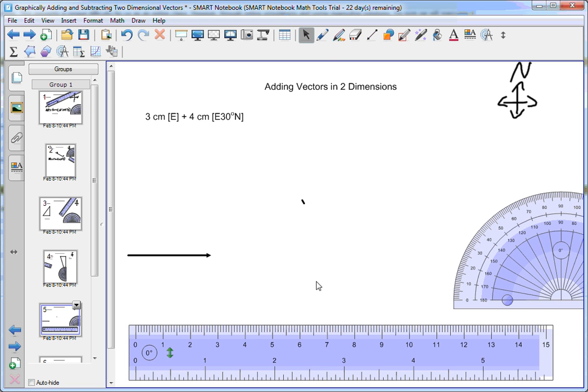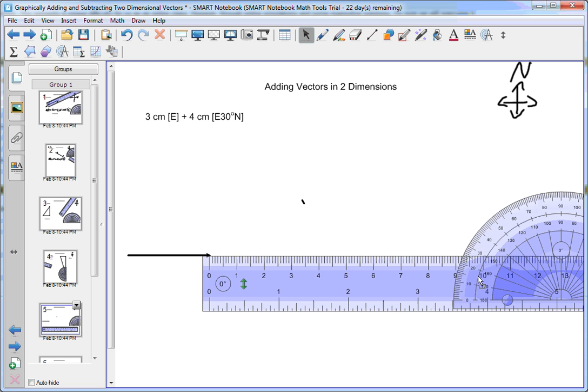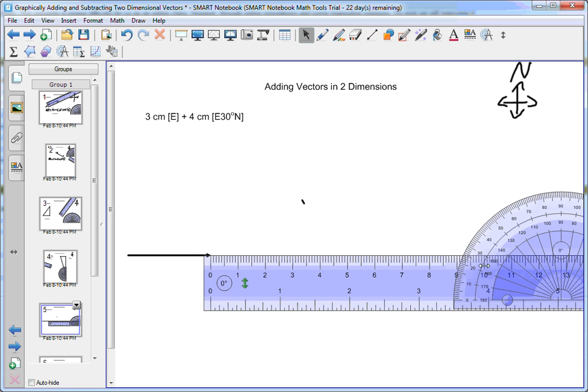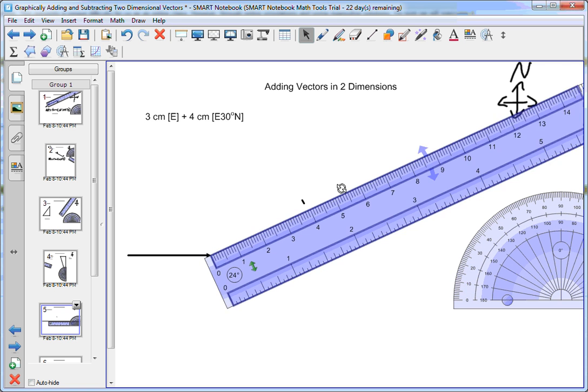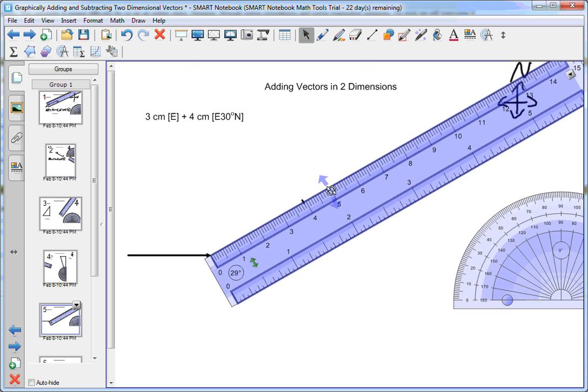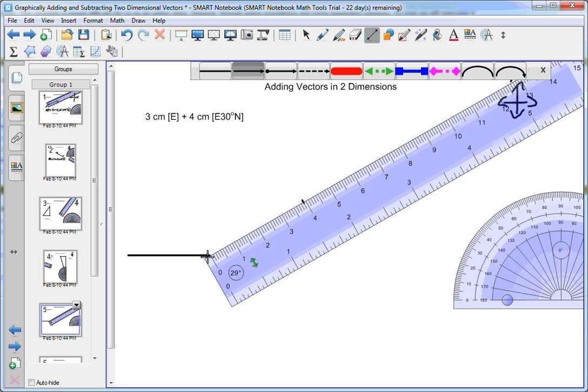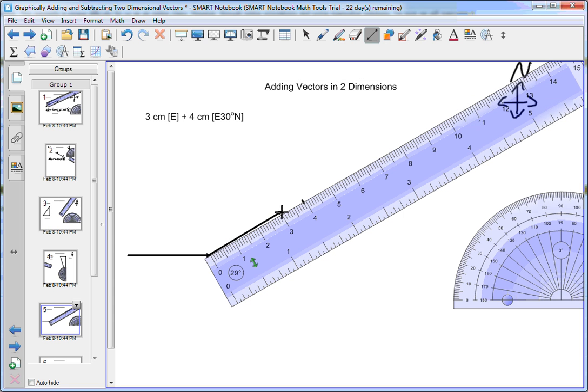Now we grab our ruler, put the 0 at the tip, spin our ruler through that point, and draw our line 4 centimeters long.